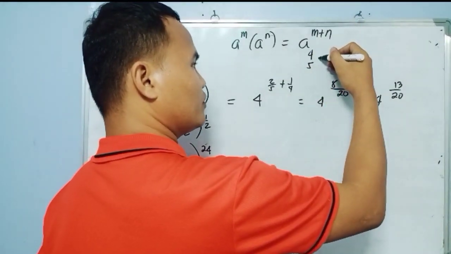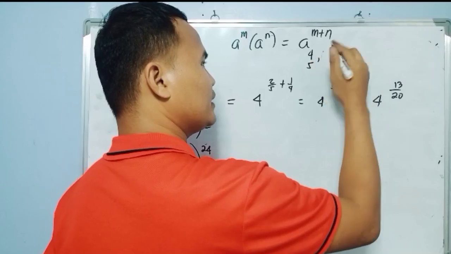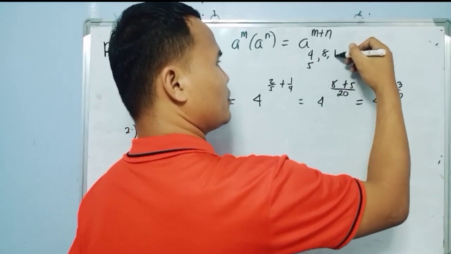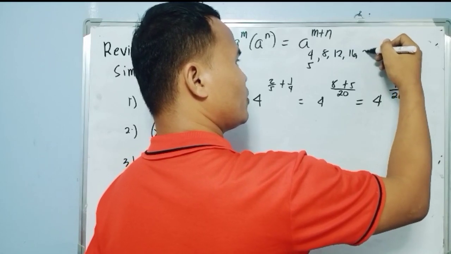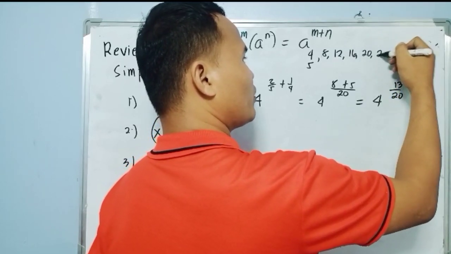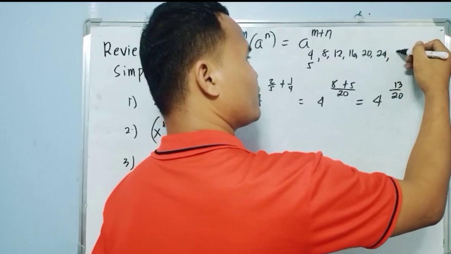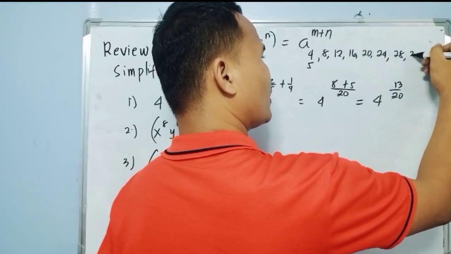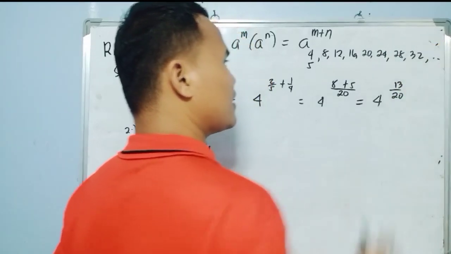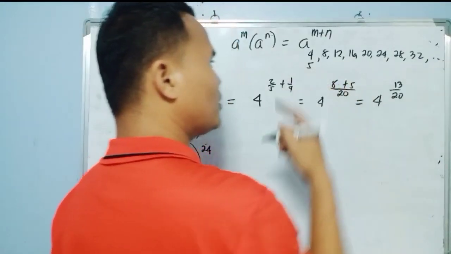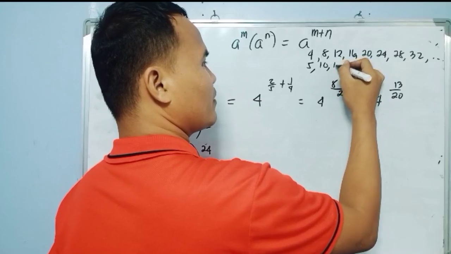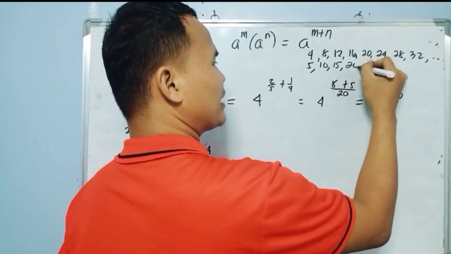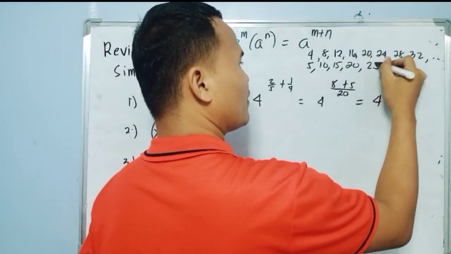What are the multiples of 4? 4, 8, 12, 12 plus 4, 16, 16 plus 4, 20, 20 plus 4, 24, 24 plus 4, 28, 28 plus 4, 32, and so on. How about the multiples of 5? 5 plus 5, 10, 10 plus 5, 15, 15 plus 5, 20, 20 plus 5, 25, and so on.